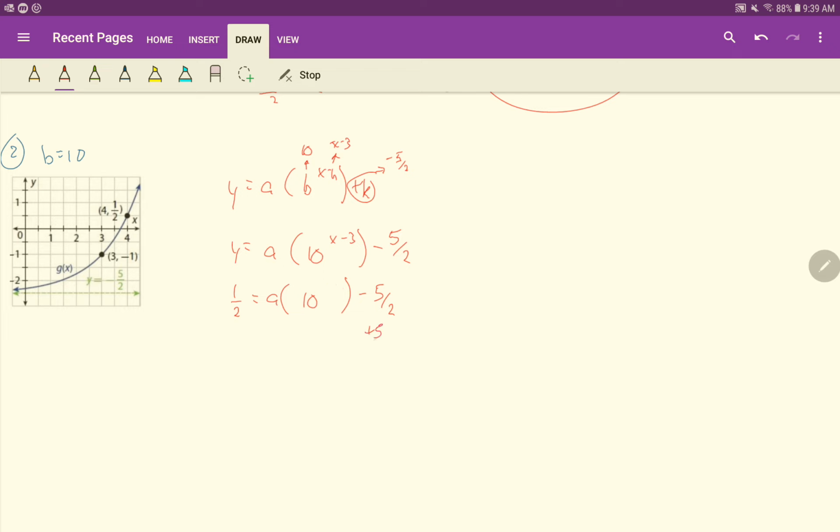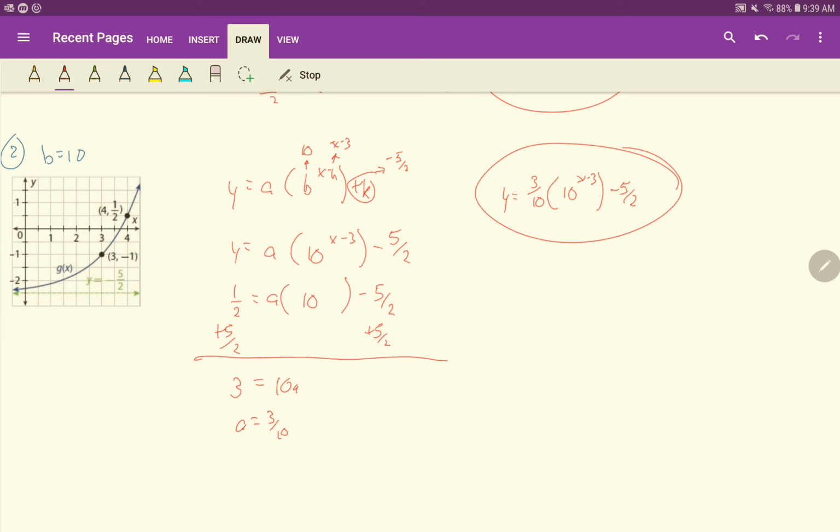We'll add the 5/2 to both sides. 1/2 plus 5/2 is 6/2, or 3. So we get 10a. So divide both sides by 10. A is 3/10. So our equation is y equals 3/10 times 10 to the x minus 3 minus 5/2. And there's our equation.